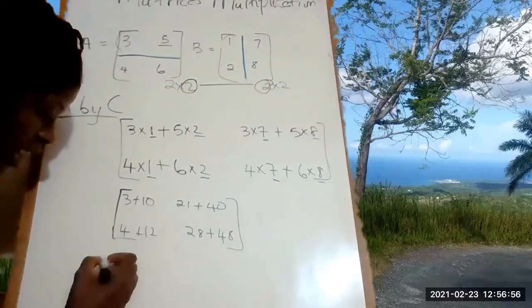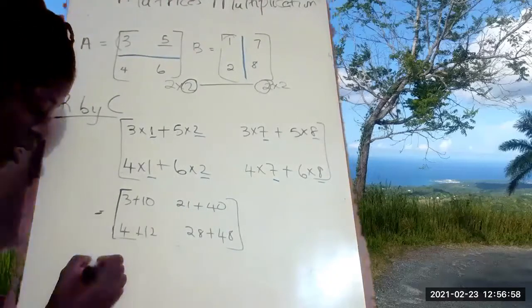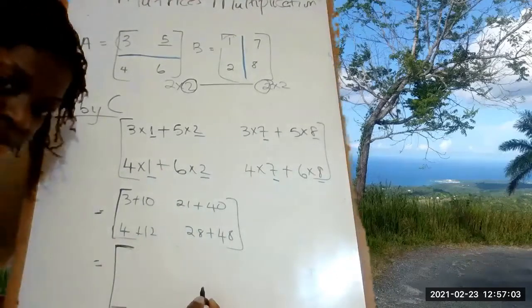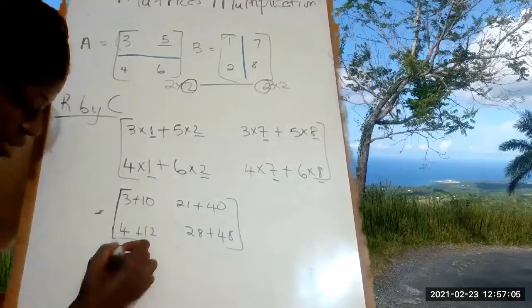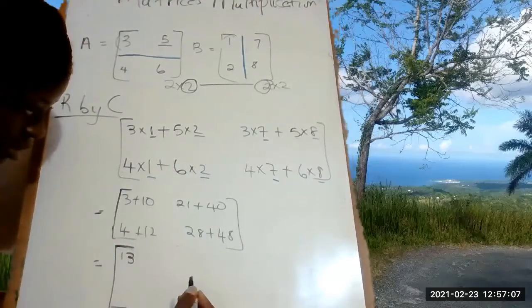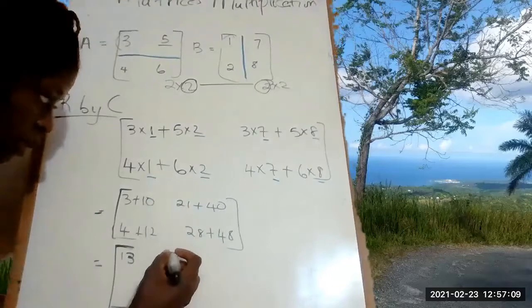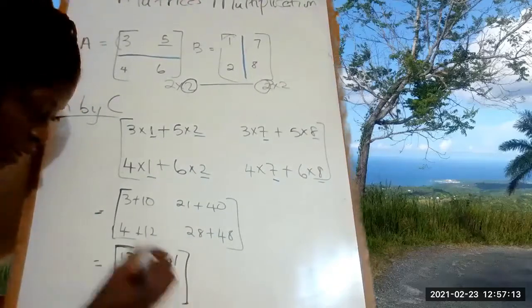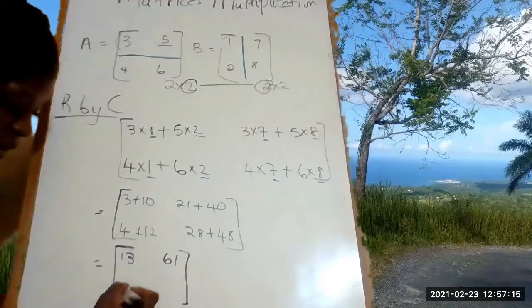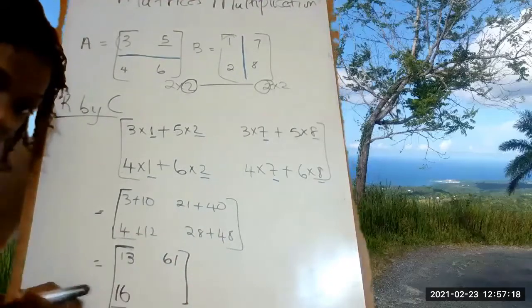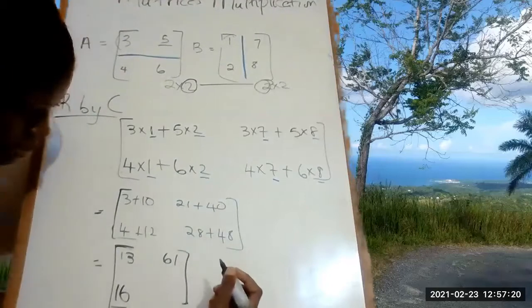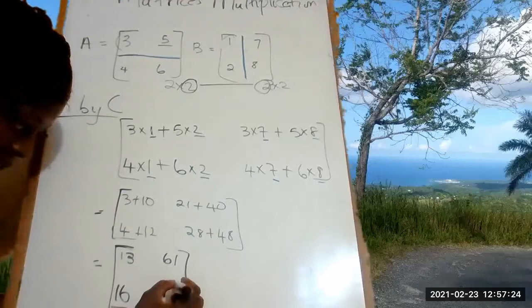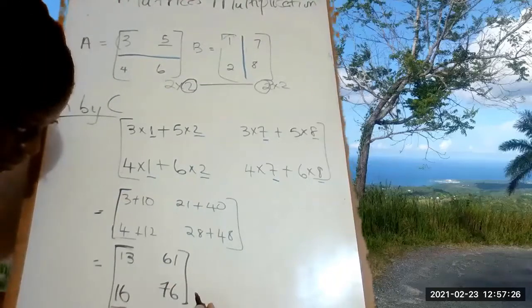Alright, so the final answer is 13, 21 plus 40, 61, 4 plus 12, 16, 28 plus 48, looks like 76.